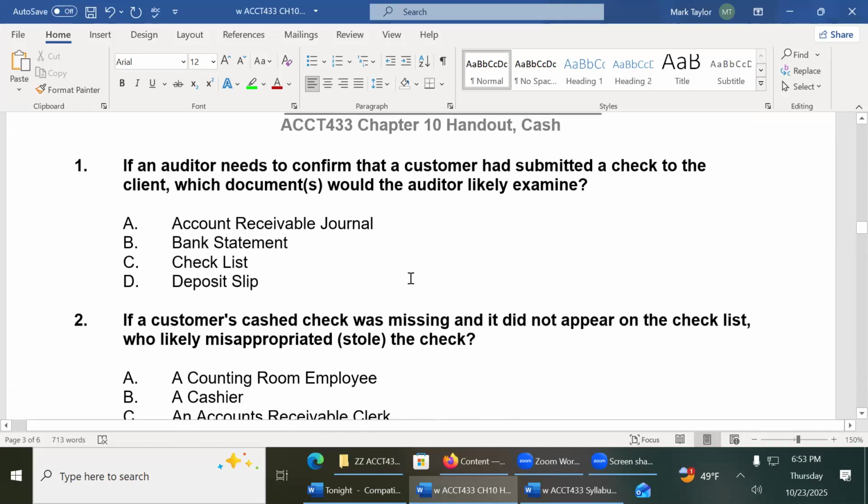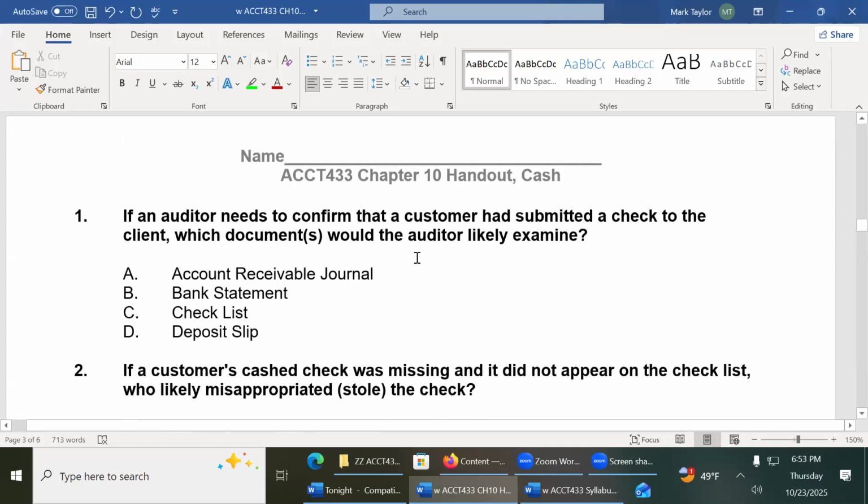Let's go to the second page. The auditor needs to confirm a customer had submitted a check to the client. Which documents would the auditor likely examine?